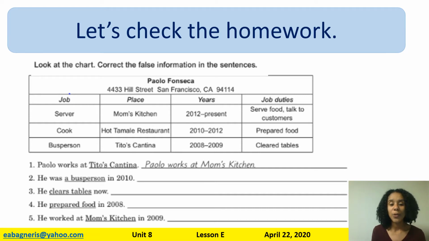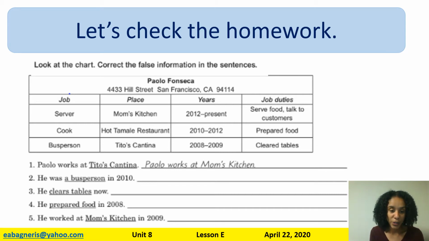Does Paulo work at Tito's Cantina today? Well, no. For present, meaning today, he works at Mom's Kitchen. So in the example, they wrote, Paulo works at Mom's Kitchen, because that's what he's doing today, and they used a present tense verb.